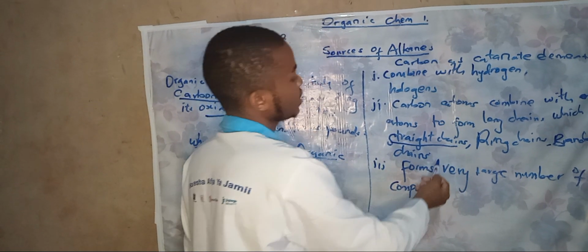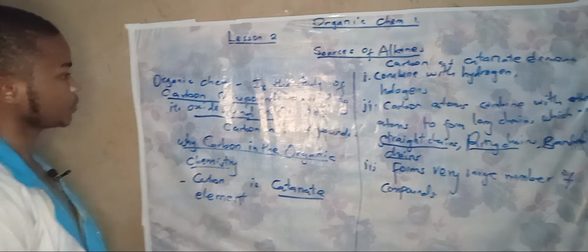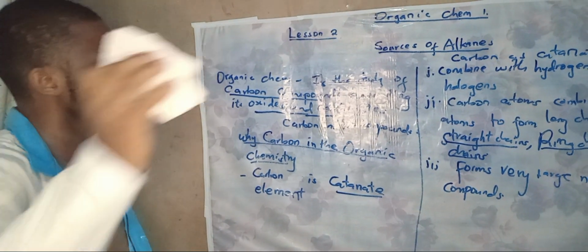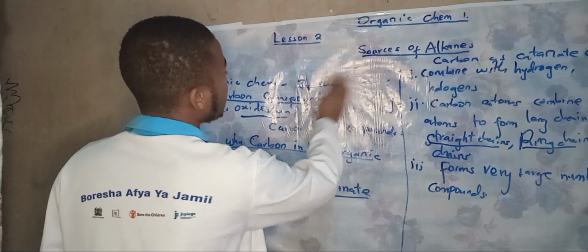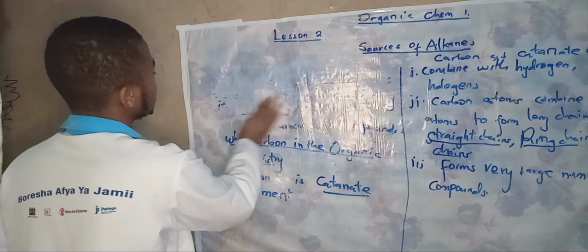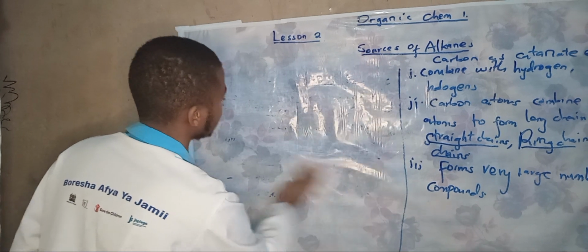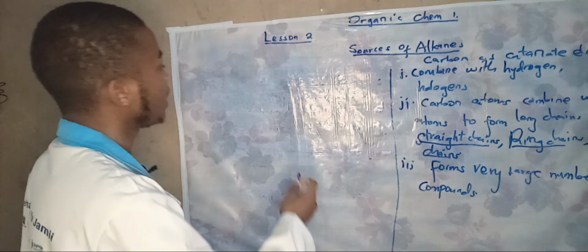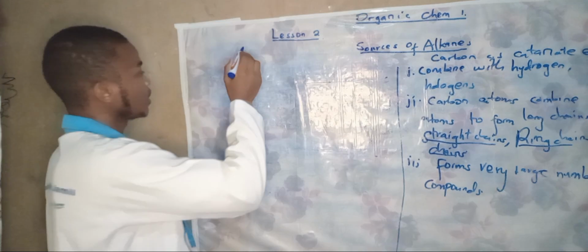These straight chains, also ring chains and branched chains, let's break them up now. Let's see an example of a straight chain, equally an example of a ring chain, and an example of a branch chain of carbon long chains. Now, a straight chain could be like this: the appearance of a straight chain made up of carbon atoms.